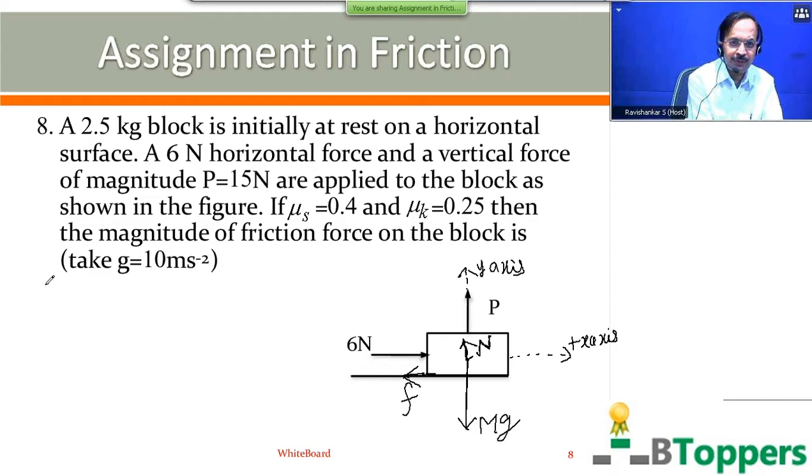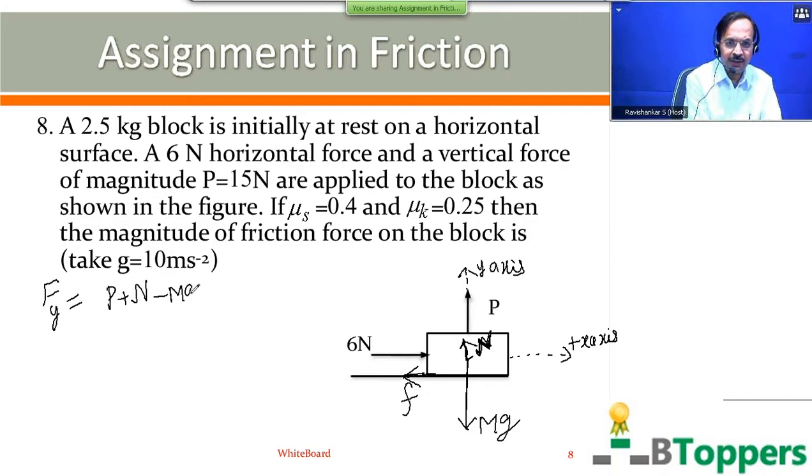Let F_y denote the y component of the resultant force on the body. You can observe that the vertical force of magnitude P is applied vertically upwards, in the positive direction of the y-axis. Here N represents the magnitude of the normal reaction on the block by the surface of the floor, which is also directed vertically upwards in the positive direction of the y-axis.